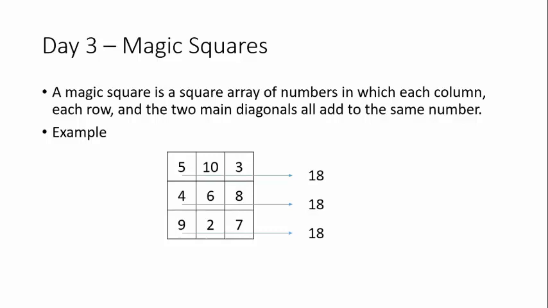What makes this a magic square? When we look at the row totals, we'll notice that each row sums to 18. I'll give you just a moment to verify.